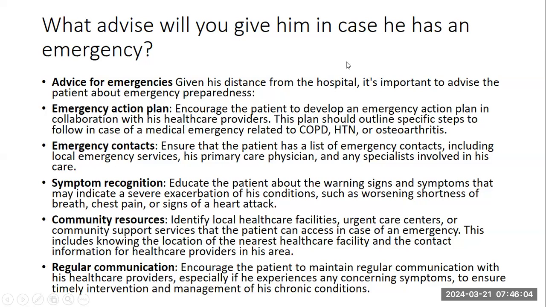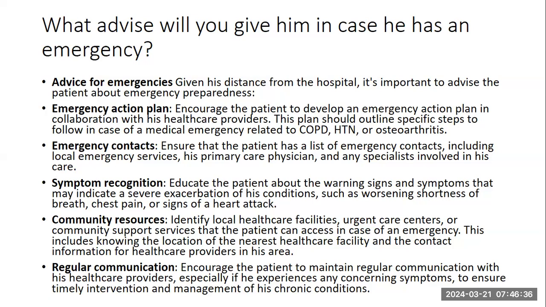We should have emergency contacts. The physician ensures that the patient has a list of emergency contacts, including the local emergency services around his community. Some states in Nigeria have emergency contacts, like Yobe State, where they have ambulance emergency services. So I will advise the patient to have the phone number of those emergency services.